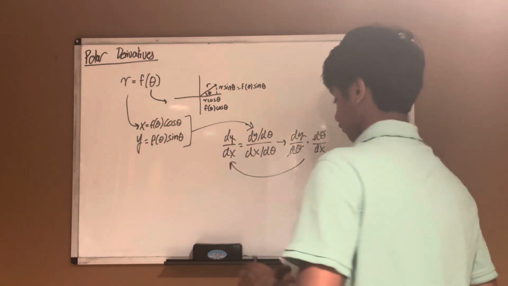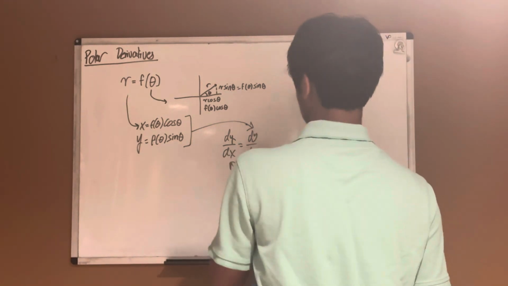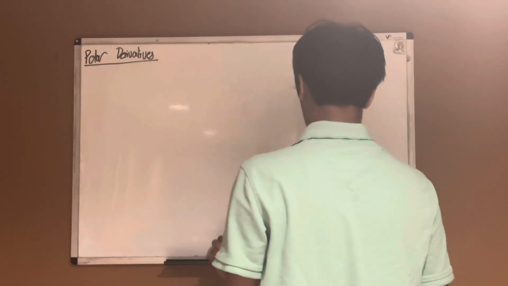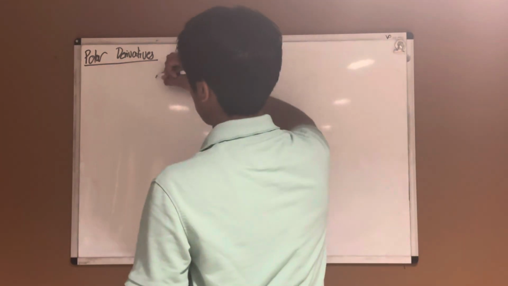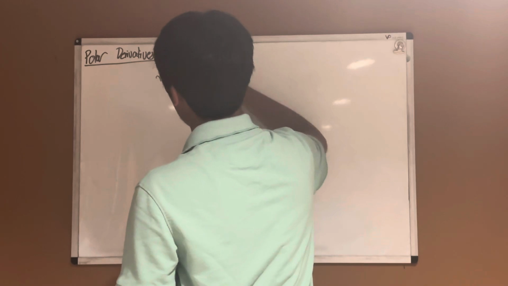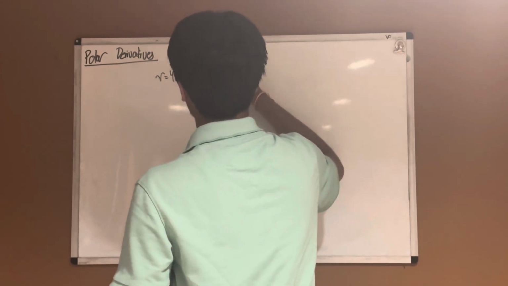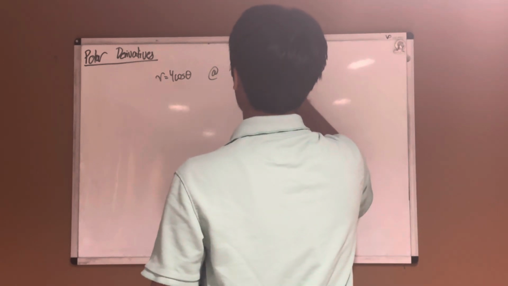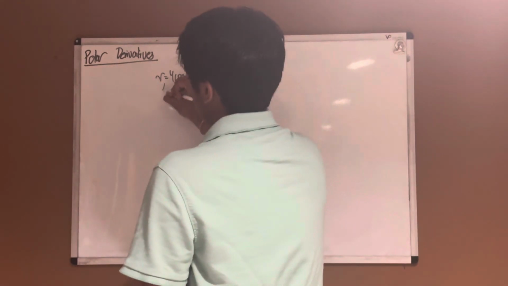Okay, so let's try it out with a problem. Let's say we have r equals 4 cosine theta, and we want to find the derivative, or the slope, at theta equals pi over 4. Let's represent this as x and y.